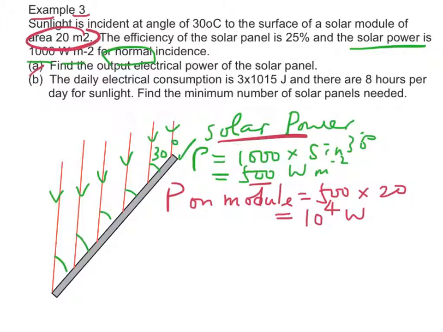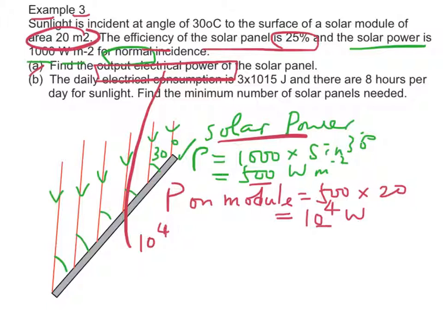Part A. Since the efficiency of the solar panel is 25%, the output electrical power of the solar panel will be equal to 10 to the power 4 times 0.25, which is equal to 2.5 times 10 to the power 3 watts.